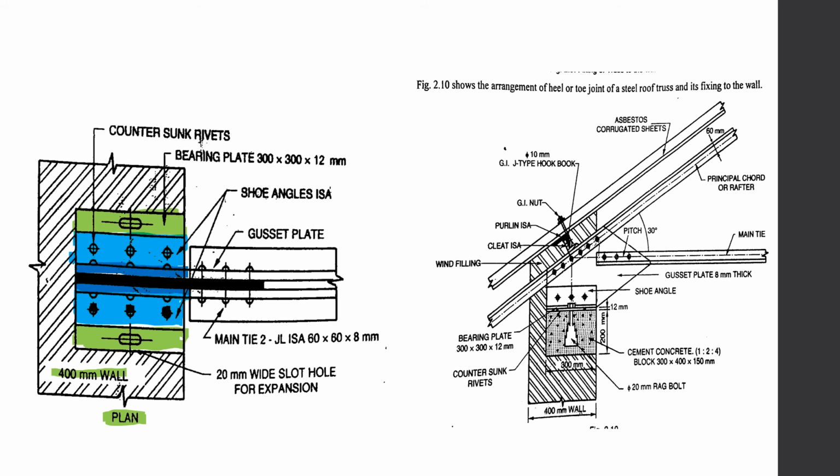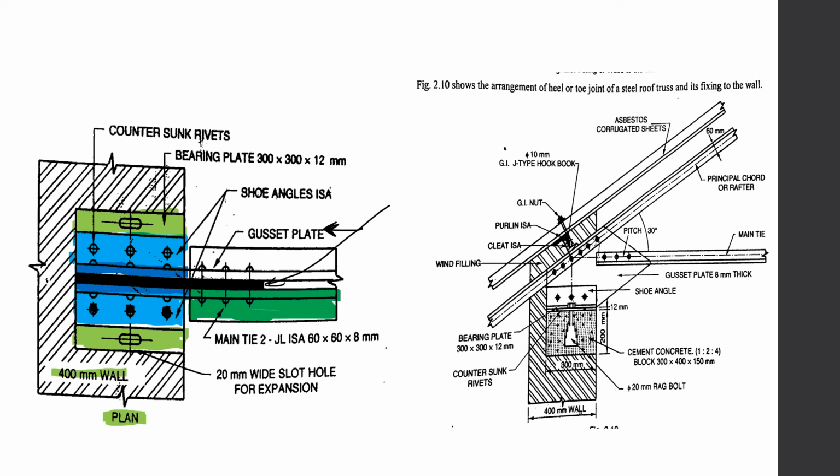And the black highlighted member, this is the gusset plate, as it's shown here. It's marked here as well. This is the gusset plate which is holding everything together, in which all the bolts and screws are fixed. Now the one which I have highlighted in dark green is the main tie.